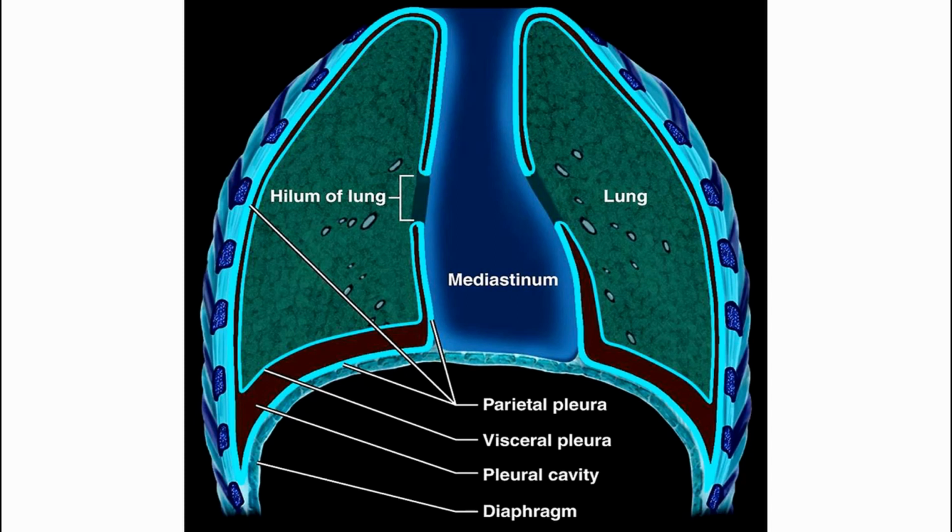The pleural cavity is made of the pleura, in which the lung invaginates. It does not open the pleural cavity and get in. It invaginates in the pleura, and so we have visceral pleura covering the lung, and we have parietal pleura lining the anterior, inferior, lateral and posterior parts of the thoracic cage.